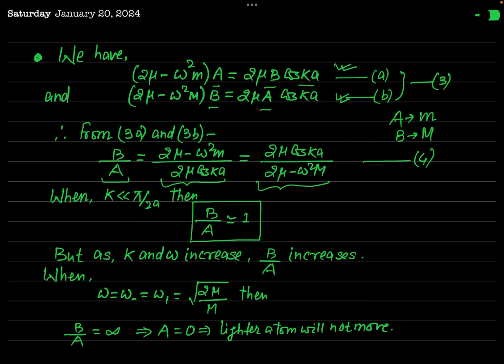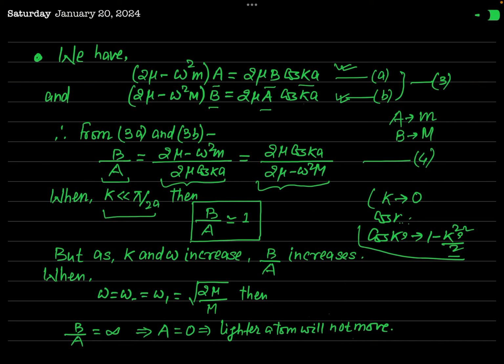Now, consider a situation where k is much smaller than pi over 2a, in other words k is tending towards 0. Then cos ka tends towards 1 minus k square a square divided by 2, not equal to 1.